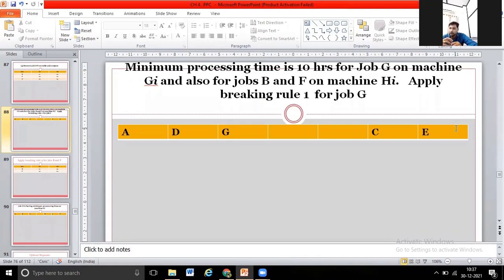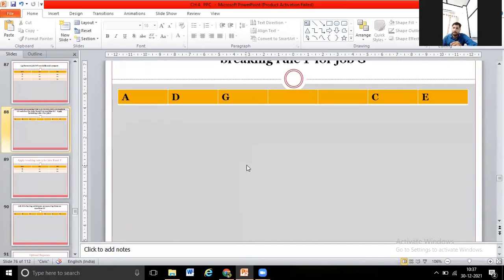Apply breaking rule 1 for job G, and we will get the priority for job G at this third position. Okay, breaking rule for job G.